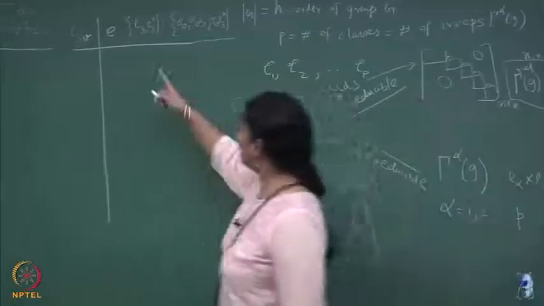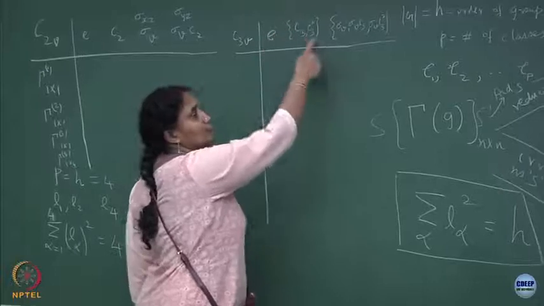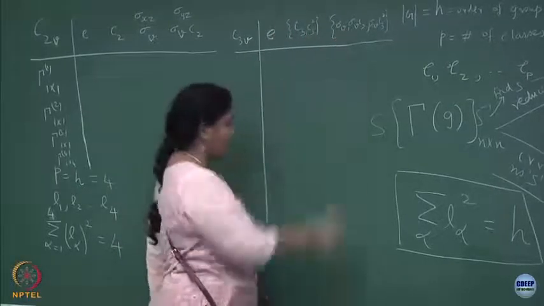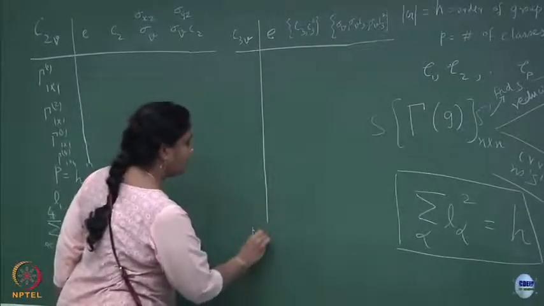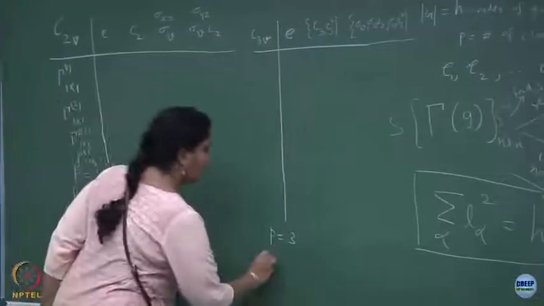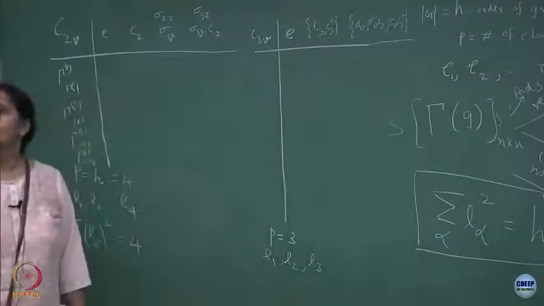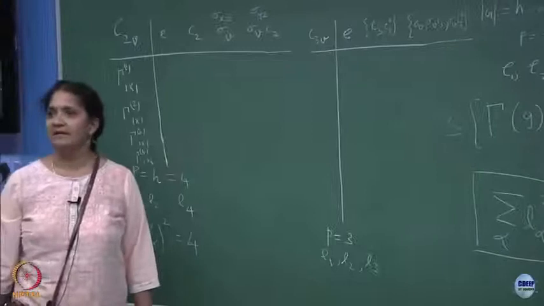So, in this case what is the number of classes? 1, 2 and 3, right. So, you have P equal to 3. So, you will have L1, L2, L3. There will be 3 irreps.